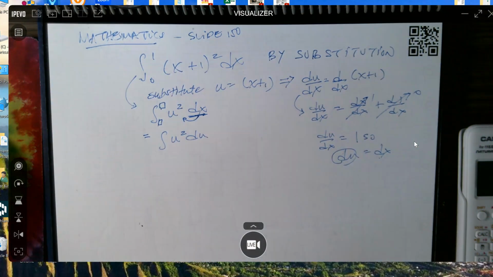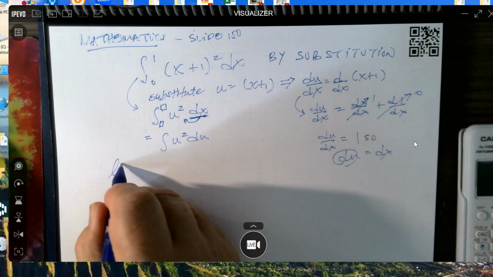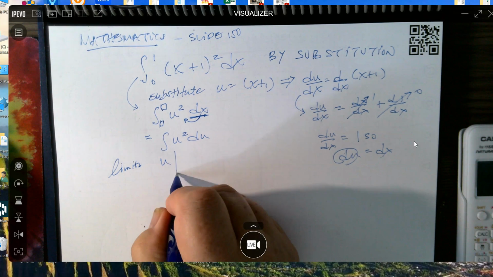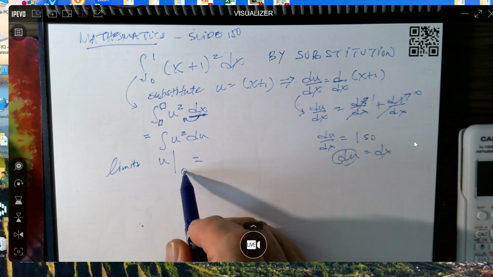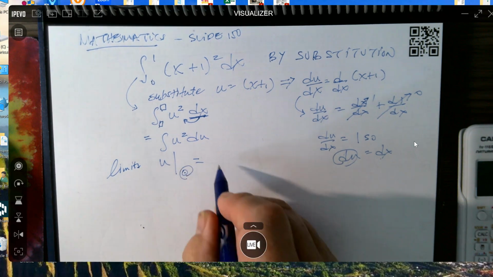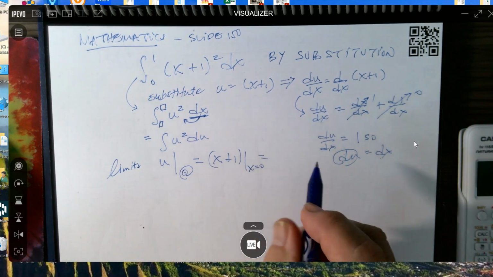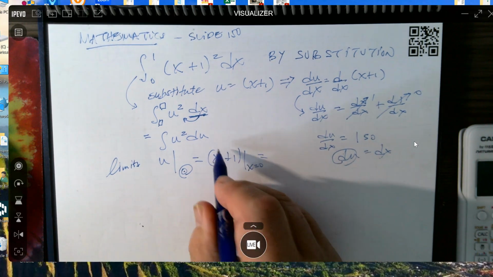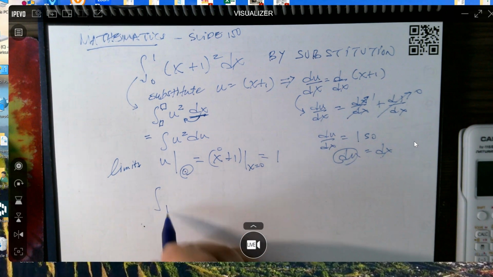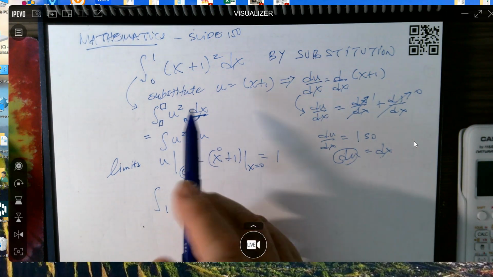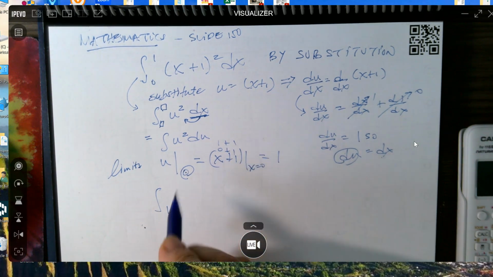The limits actually change because we did a substitution. The limit for u at x equals 0 is x plus 1 where x is 0, which is 0 plus 1, equal to 1. So the lower limit is 1. The upper limit is 1 plus 1, which is equal to 2.